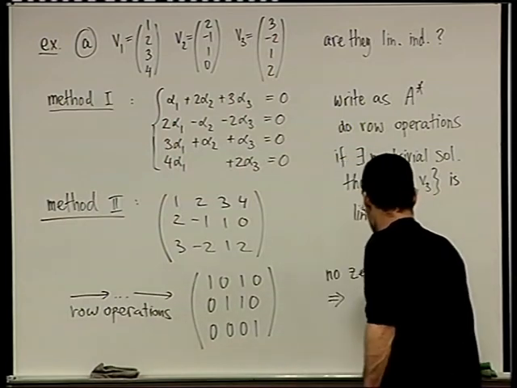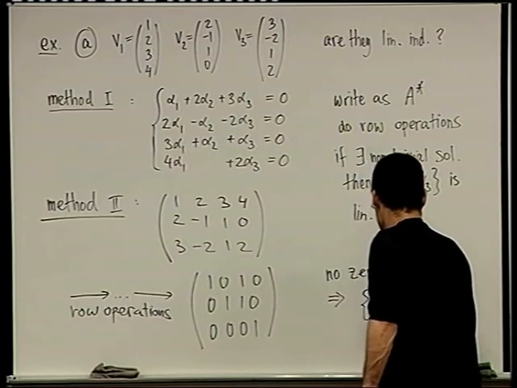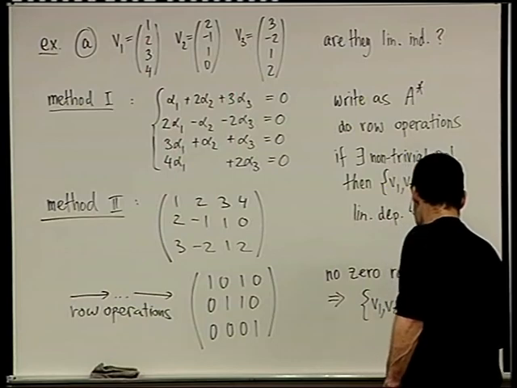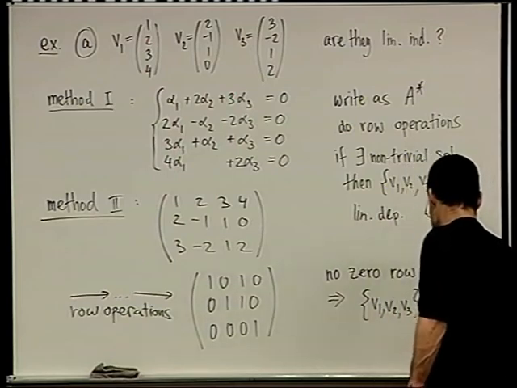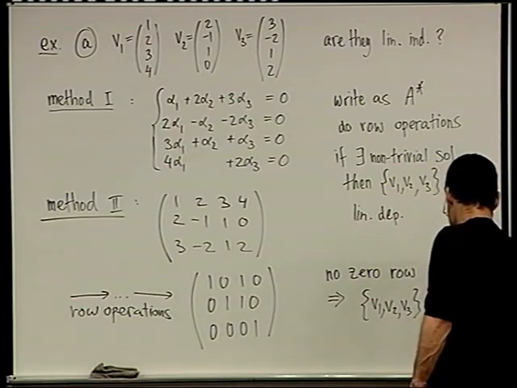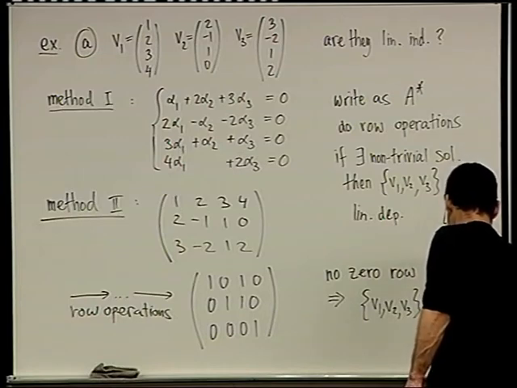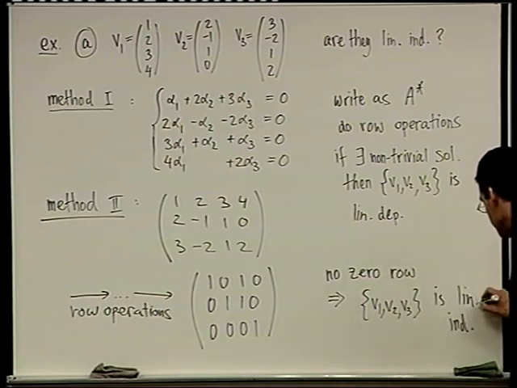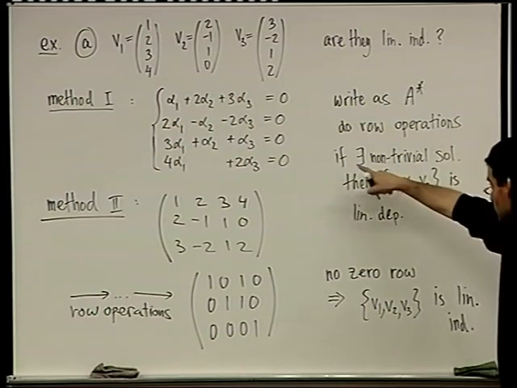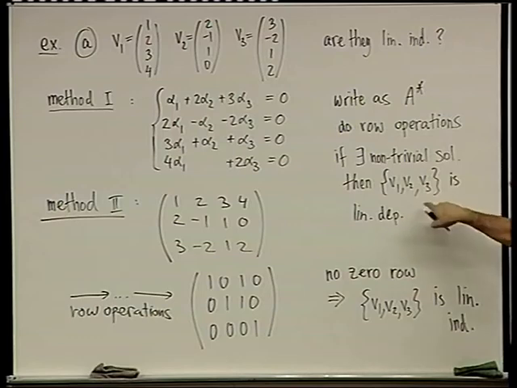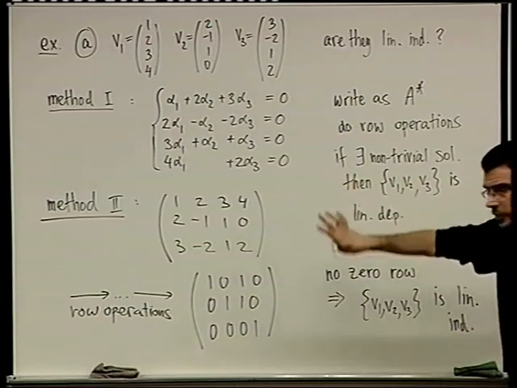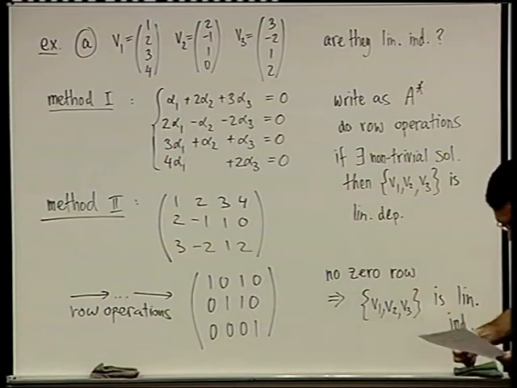Therefore, V1, V2, V3 are linearly independent. And you can, of course, verify by answering this question that that is what you would get in method 1 as well. Okay? So is this clear? Is the idea here clear? Okay.